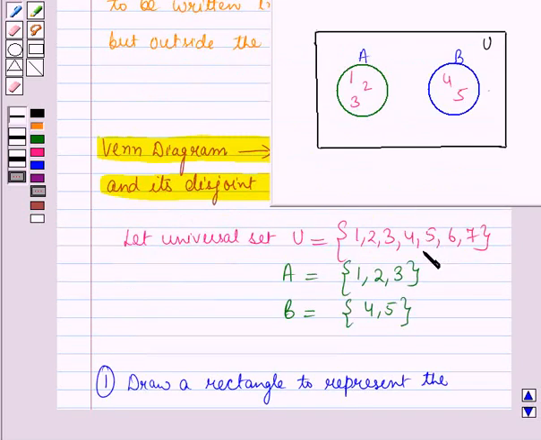Now the elements of the universal set U, which are not in A and B both, are 6 and 7. So we will write these elements anywhere inside the rectangle but outside these two circles. So this is the Venn diagram when the universal set and its disjoint subsets are given.